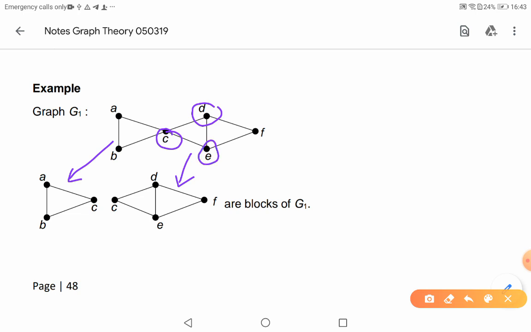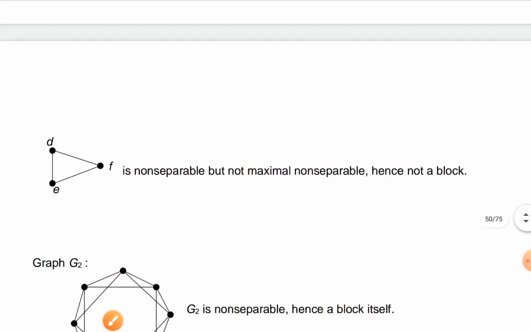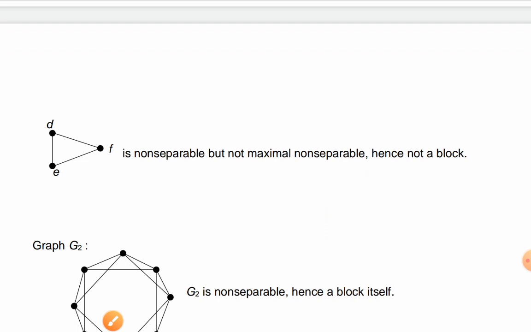D and E are not cut vertices, because if you cut the vertex, it is not non-separable. So this graph G1 has only two blocks. DEF is non-separable but not maximal non-separable, hence not a block.